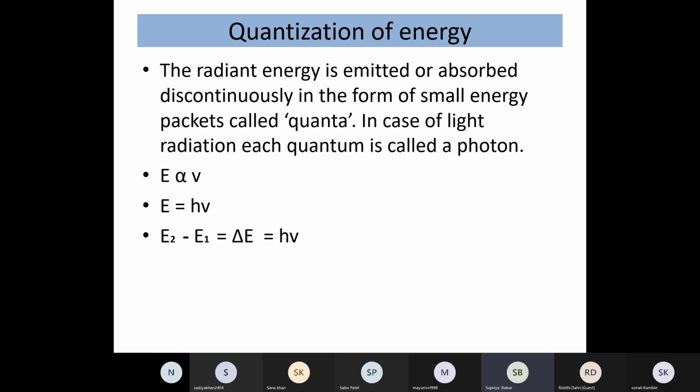This radiant energy is emitted or absorbed discontinuously in the form of small energy packets, and that is called quanta. In case of light radiation, each quantum is called a photon.